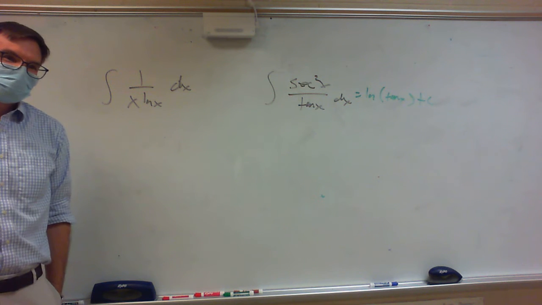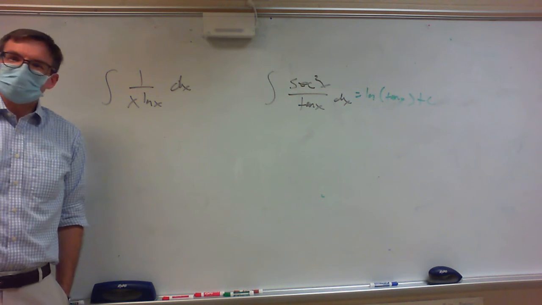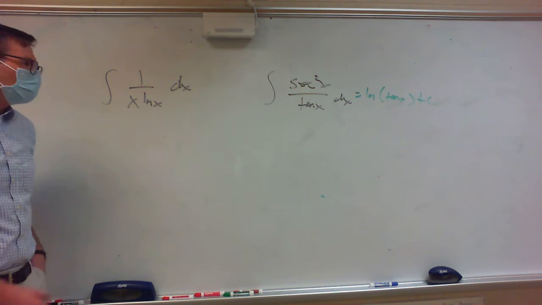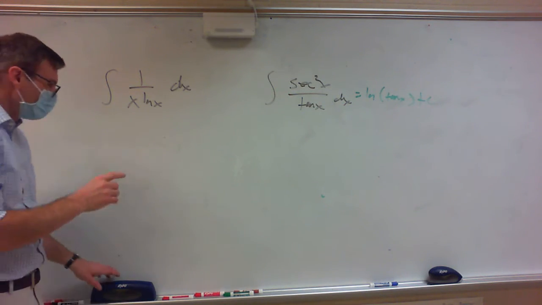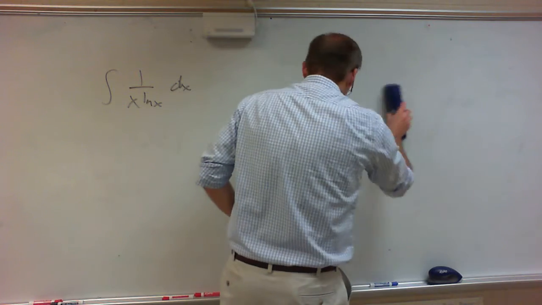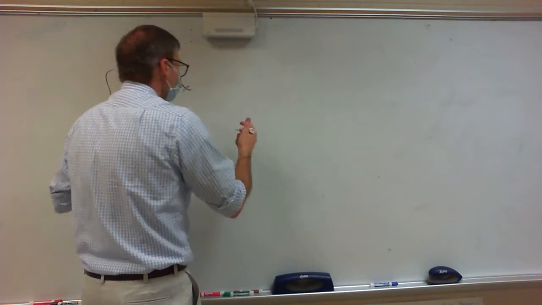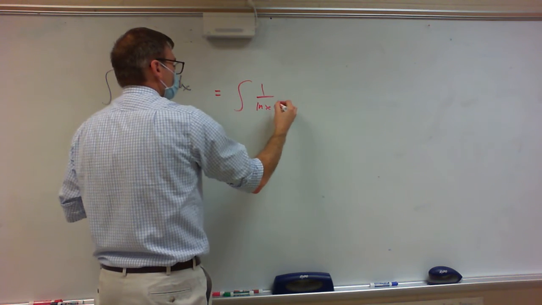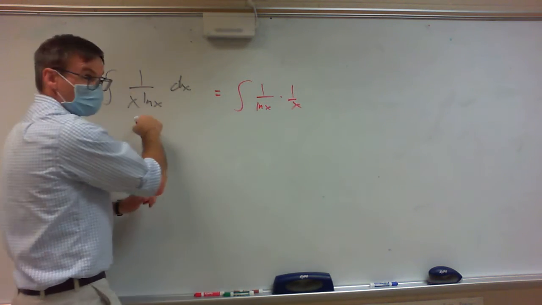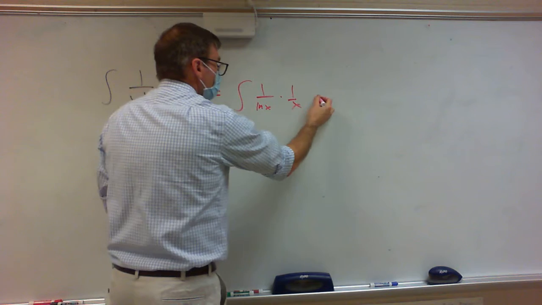Here's a trick. It's all in how you look at something. If you look at it this way, it's kind of jumbled up. There's stuff that's mixed up. What if I were to write this as the integral of 1 over natural log of x times 1 over x? That's the same thing as this, isn't it?